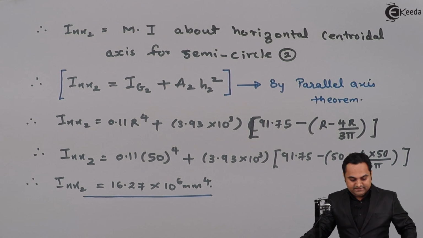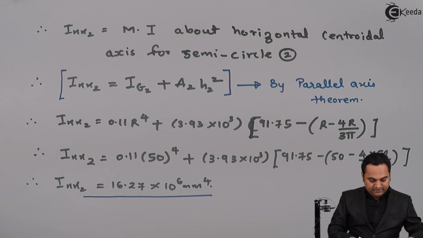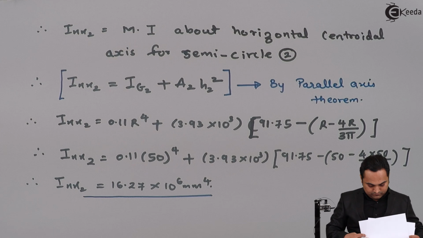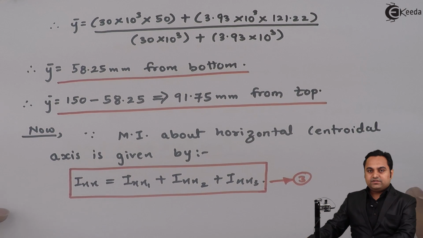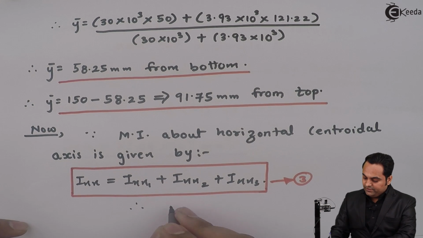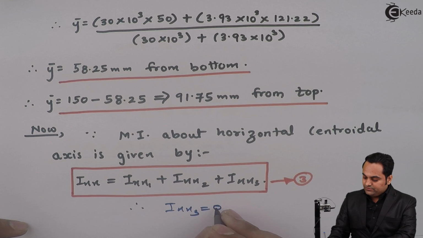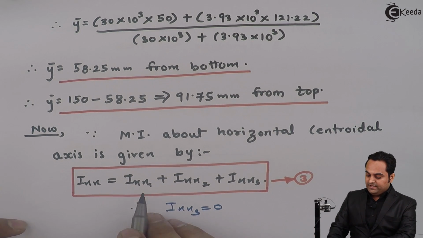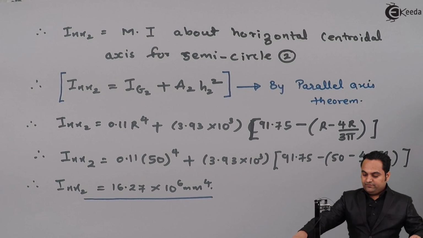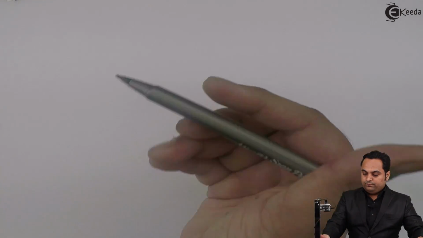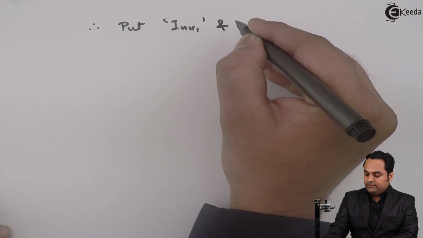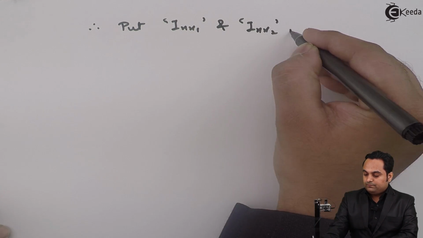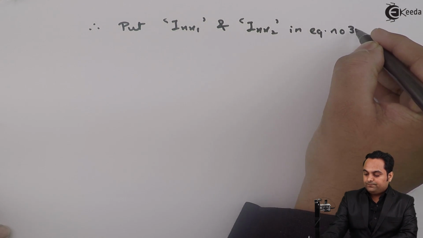Next, after getting Ix2, we can put the values in equation number 3, and since in equation 3 I had written Ix3 also, here Ix3 is not there, so I can write down Ix3 is equal to 0 because we have only two areas. So Ix1 plus Ix2. Therefore put Ix1 and Ix2 in equation number 3.